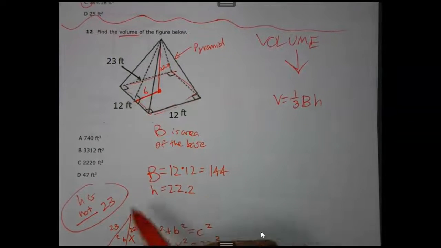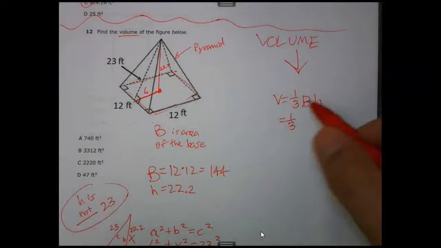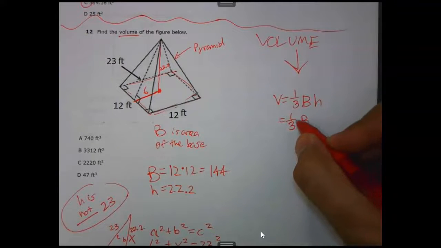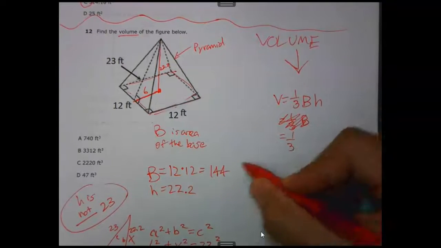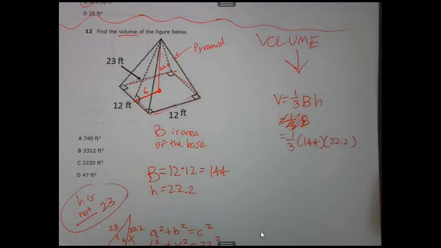So we know B and H, let's plug it in. 1/3 big BH. Not bad. 1/3 big B is 144. H is 22.2.